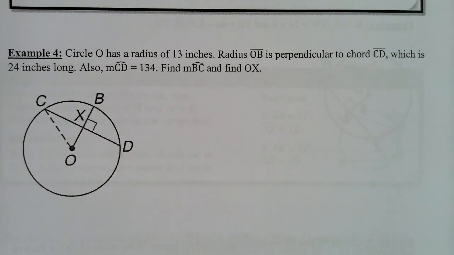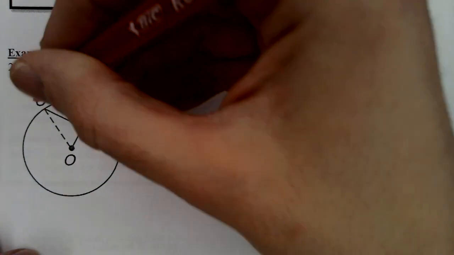Okay, here we go. Example 4. Circle O has a radius of 13 inches. Radius OB is perpendicular to chord CD. So what that means is it bisects chord CD. So I'll just label that.